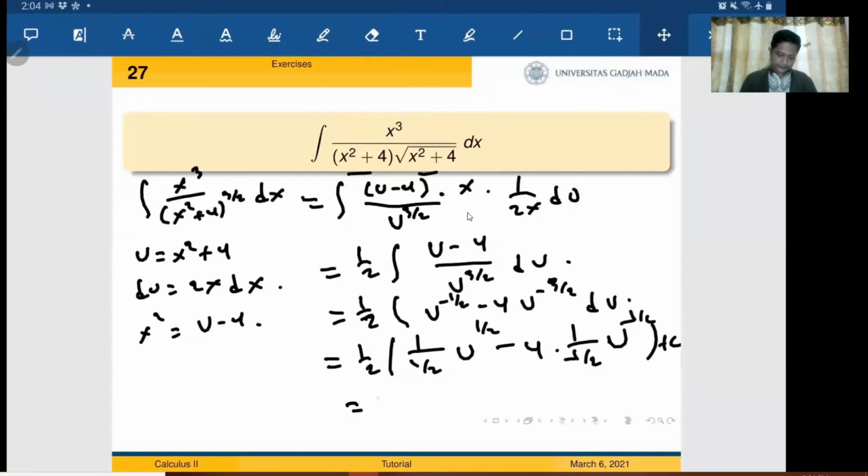But my u is this, but okay. So I have square root of x squared plus 4, right? Minus 4 times half. But minus plus should be 8 divided. So yeah, only 4. Okay, should be correct.